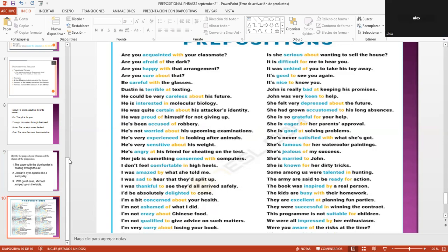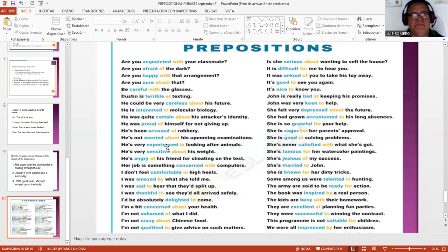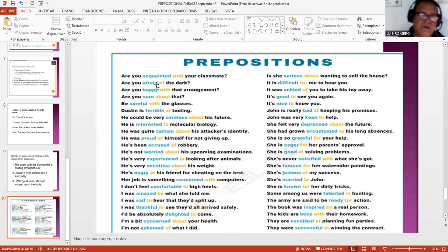What will be the blue word? The blue words were proud, spirit. Those are adjectives. But don't worry about them. I don't know why they are in blue, but forget about them.